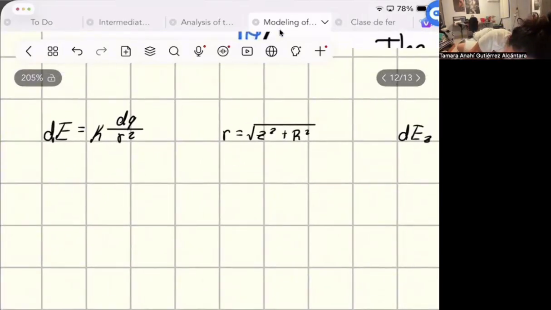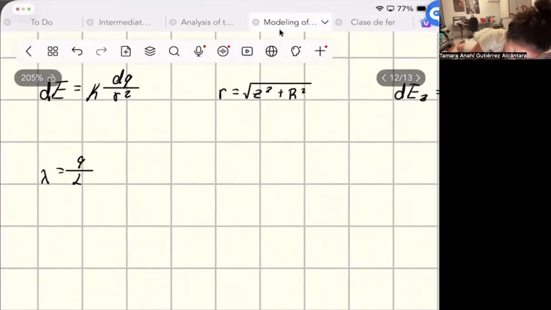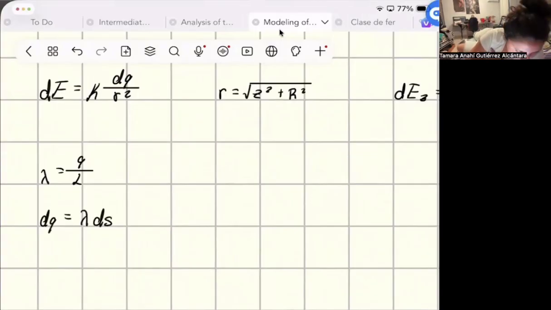And it's lambda equals Q over L, and also dq equals lambda ds.